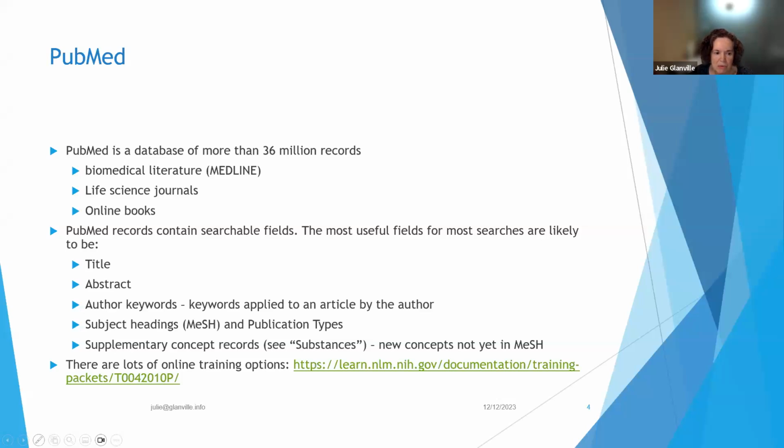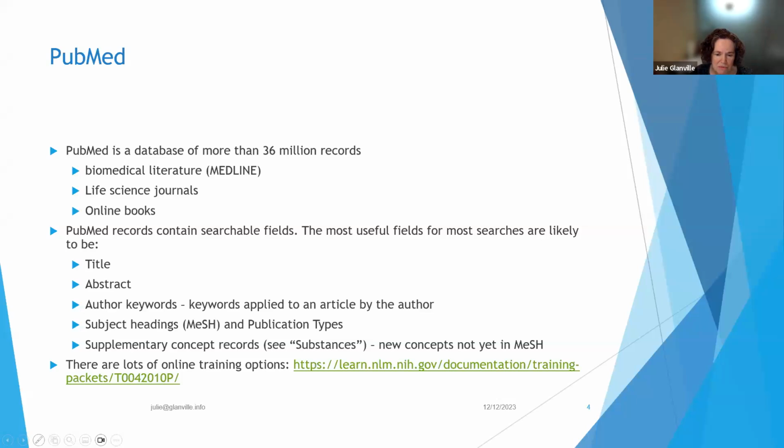Within PubMed records, you have a variety of searchable fields. When you're trying to search PubMed with a particular objective in mind, it's helpful to know what the best fields are to use for your searches.